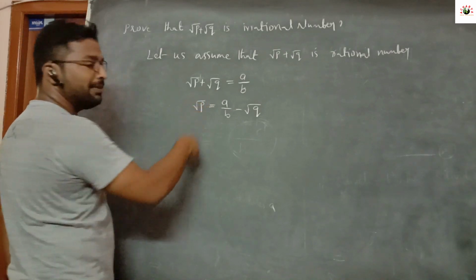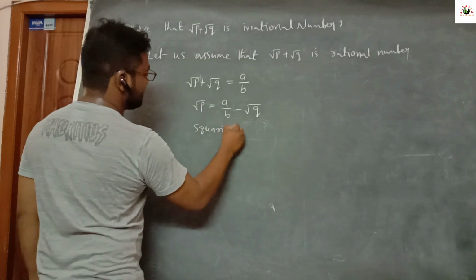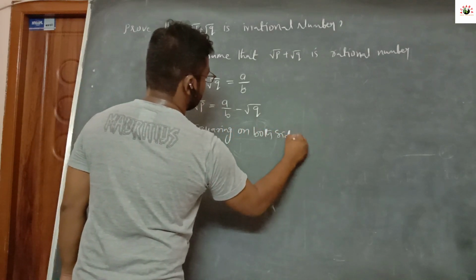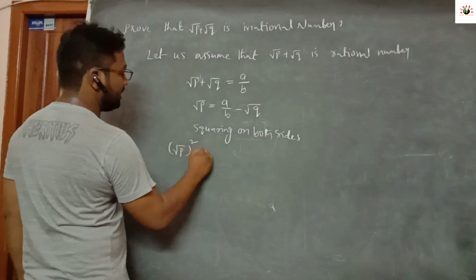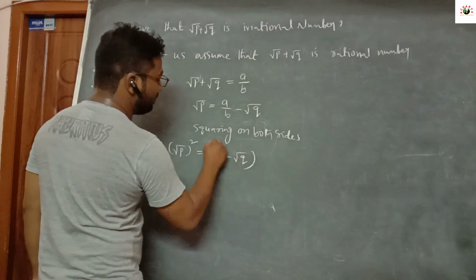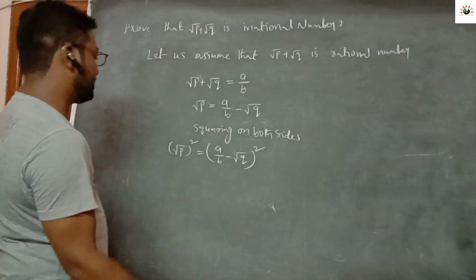Next we have to eliminate this root, so squaring on both sides. Root p whole square is equal to a by b minus root q whole square.